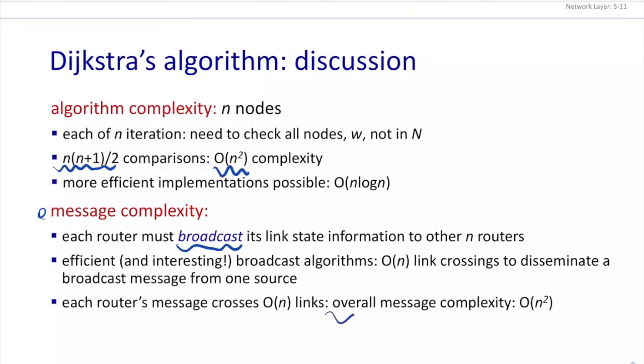The overall message complexity is n squared as well, because the first router has to send n messages to all the other routers, the second router has to send n messages, the third still the same, and the last router, the nth router, still has to send n messages to all the other routers. So the overall message complexity is big O of n squared. Okay, so that is the discussion.